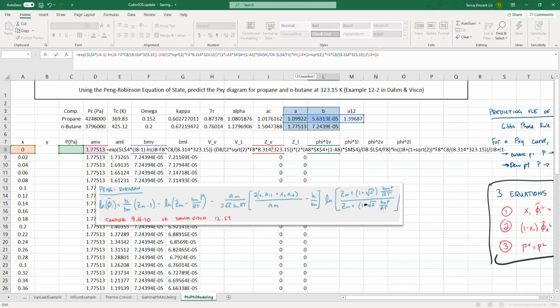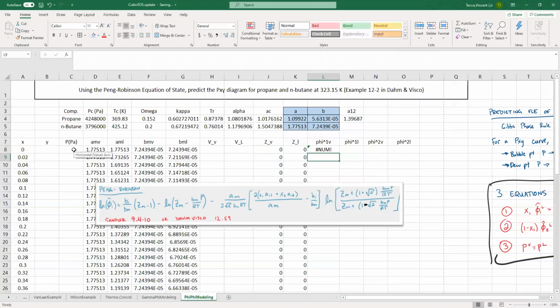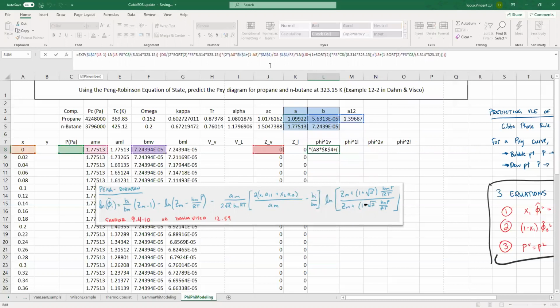J8 plus 1 minus SQRT2 times B mixture vapor F8 times P divided by 8.314 times 323.15 Kelvin. Close out everything now. I think that's it. Let's see, any mistake? Yep, I made a mistake somewhere.